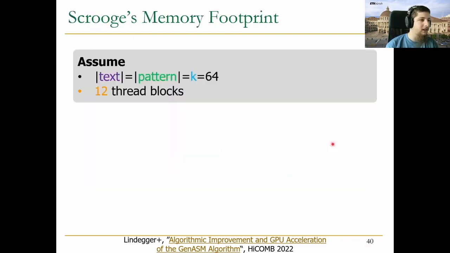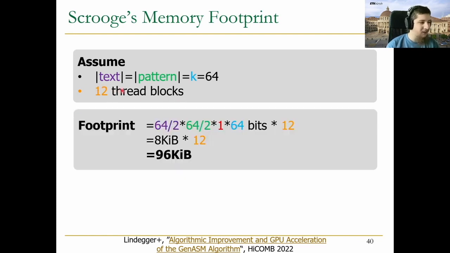Now let's check the memory footprint again of this implementation. Let's assume again text and pattern are 64 characters long. You get 12 thread blocks. So notice I already scaled up the thread blocks because we have a 12x reduced memory footprint, and we can use 12x more thread blocks. So the calculation kind of works out.